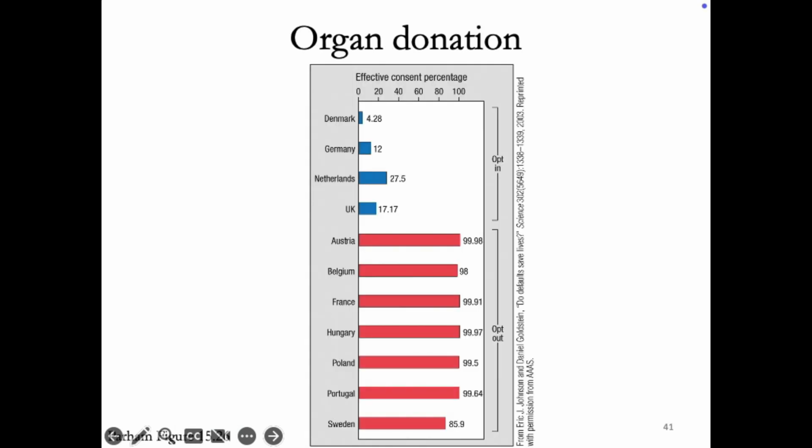One other thing I'll mention is that countries have different policies on organ transplantation based on whether you have to opt in or opt out. Basically, if you die and you didn't tell them what you think about your organs, do they assume yes or do they assume no? In the US, if you don't tell anyone what you want to do with your organs, they assume no. In countries like that, this is what percent of people actually decide to not be lazy and say yes to transplanting their organs.